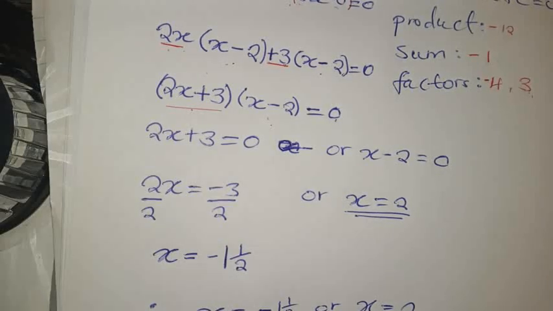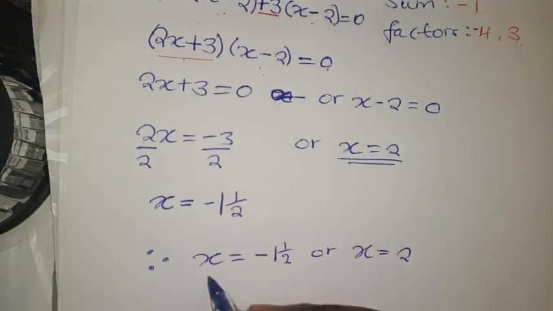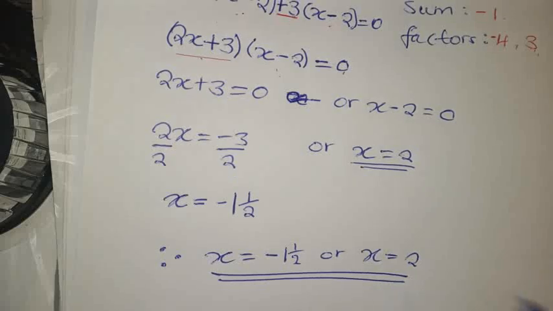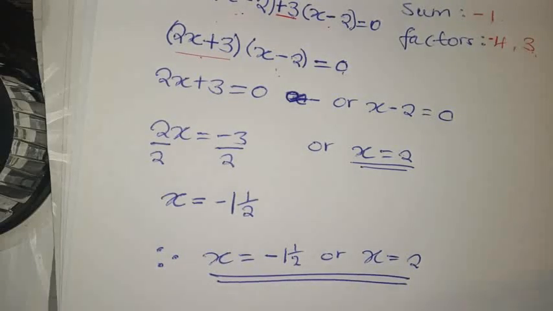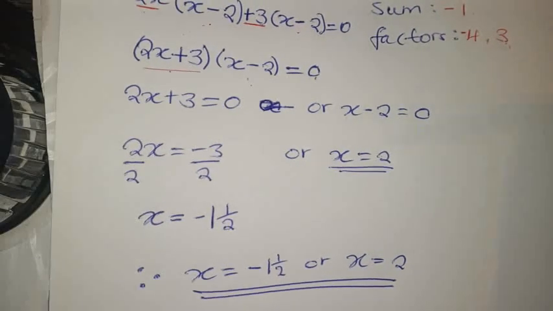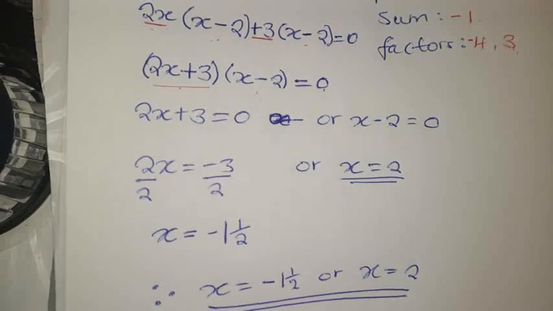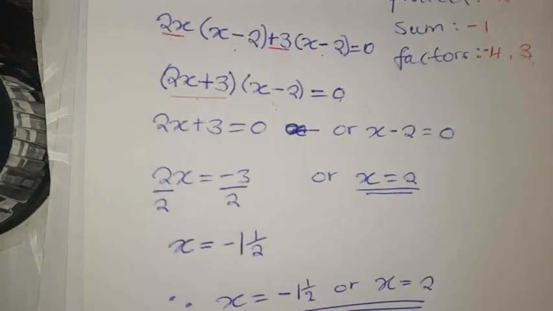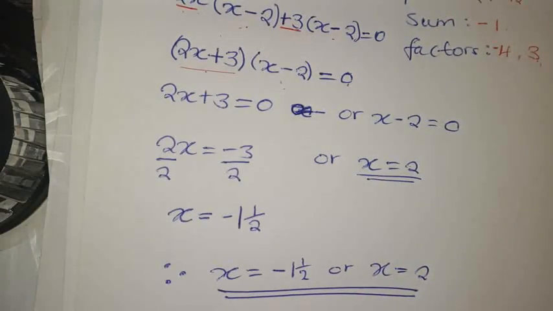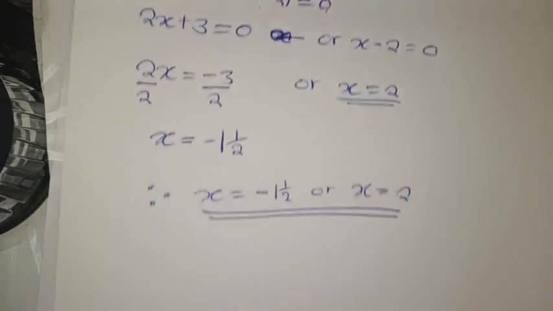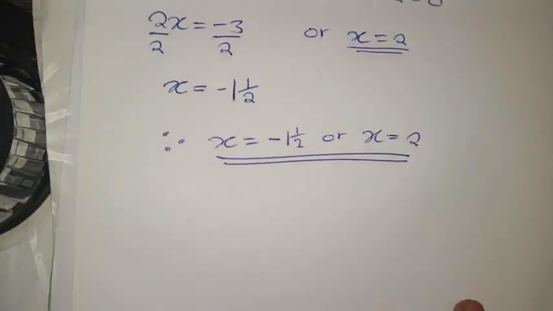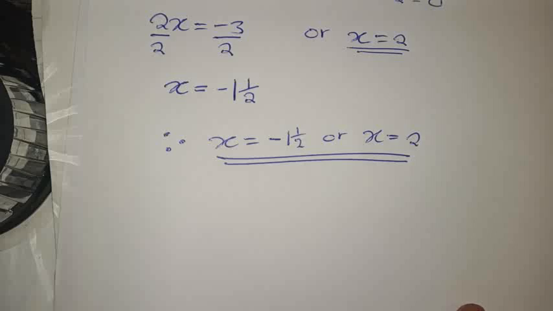Then you are done. So this is what you were supposed to do. When you meet such kind of equation, that is exactly what you are supposed to do. Now, what if they give you another question? So now I want you to try this question and see how you can answer it.